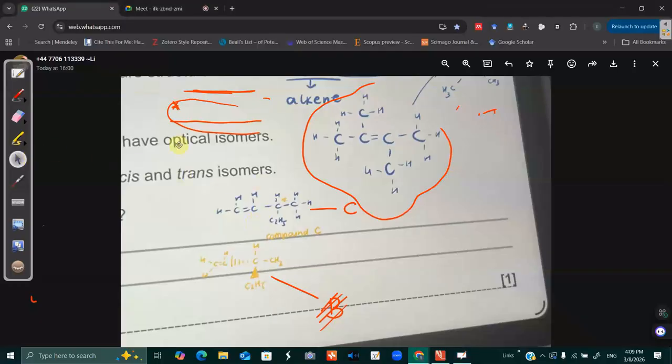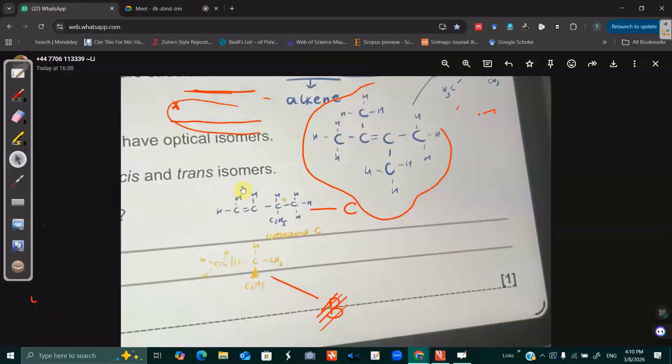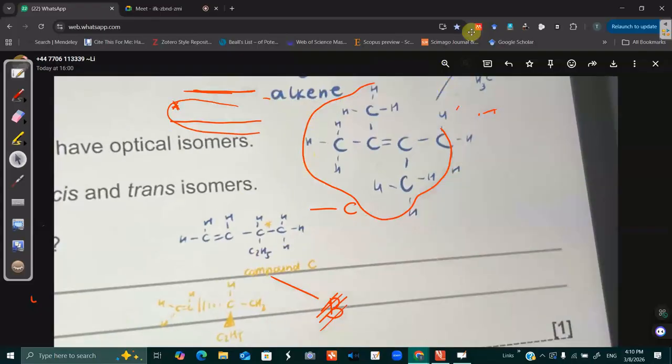If you zoom out a little bit, it should be there. I put it as compound C by accident. Can you send it to me again? It's the one that I've drawn a square in, but I'll send it again.